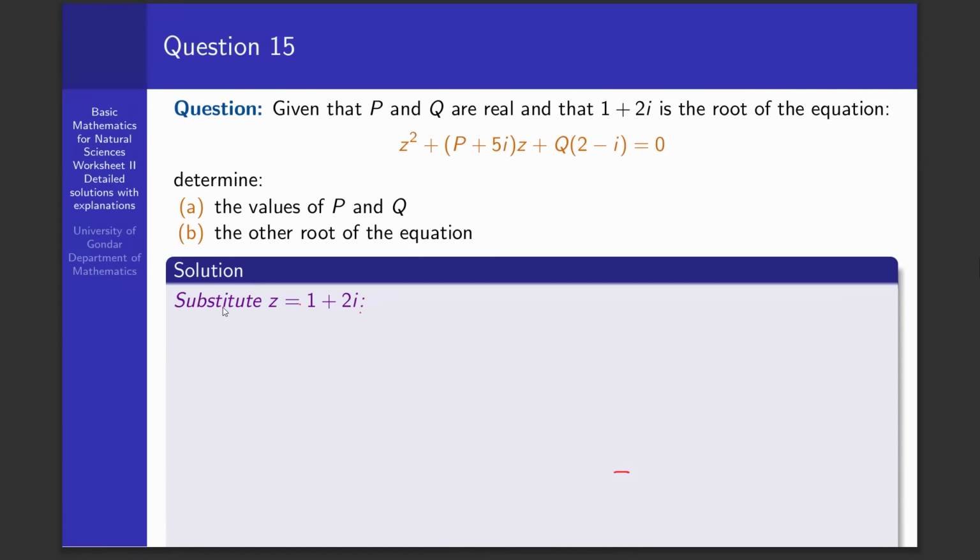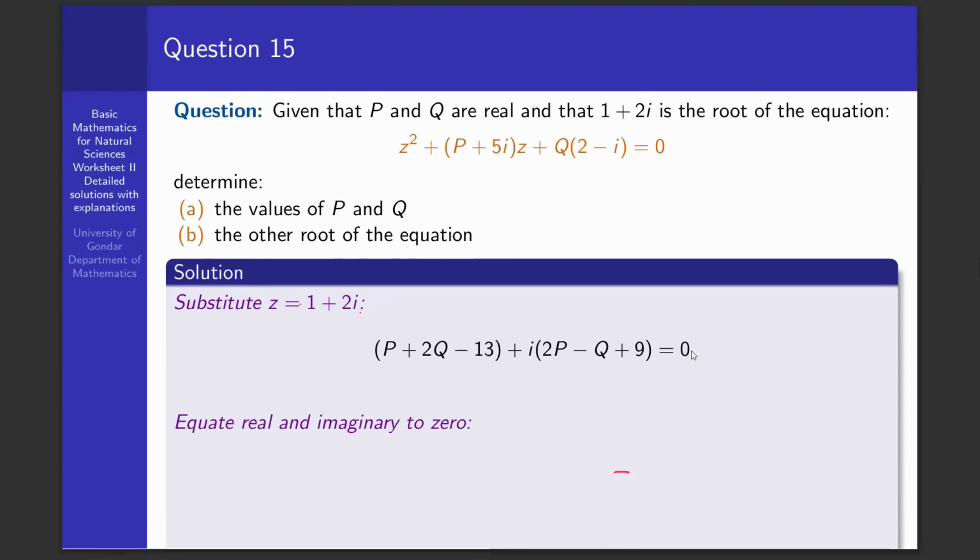let z is equal to 1 plus 2i, substitute it in the place of z here. Then it becomes (p plus 2q minus 13) plus i(2p minus q plus 9) is equal to 0.